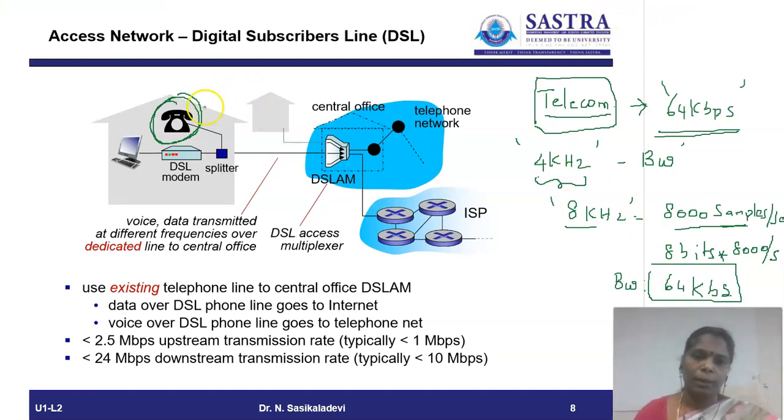But the 64 kilobits per second bandwidth is not a single cable. Normally in a telecommunication system in the street, thousands of homes are connected with the nearest trunk office, the nearest toll office. In every house, the telephone is connected with a splitter with the help of a wired transmission medium, because it's a landline telephone.